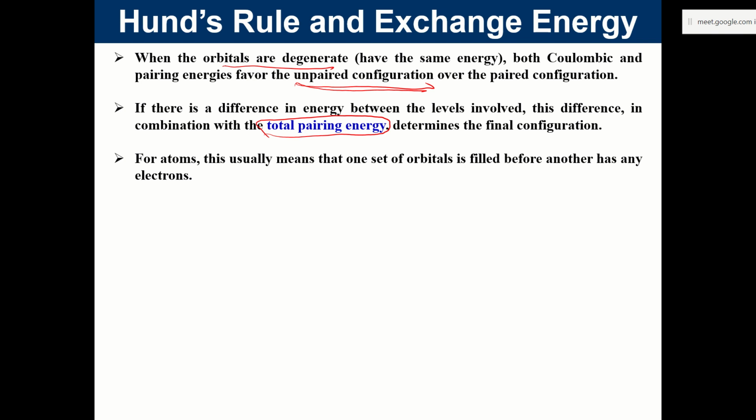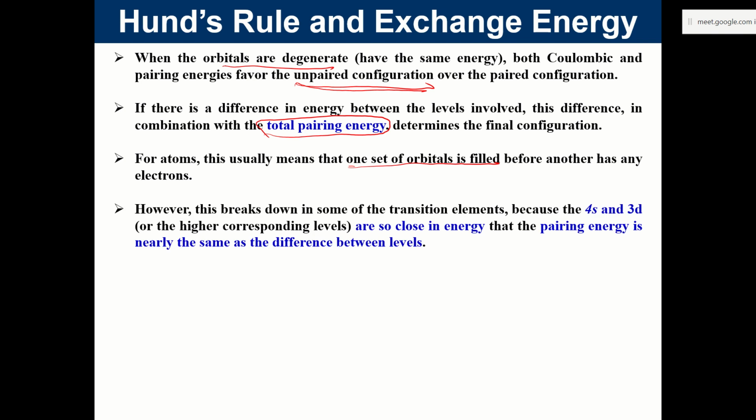So इसी को आप जब finally draw करते हैं, you try to see as you move through the periodic table and fill up the electrons, you will naturally find that this tendency will be there, and one set of electrons is filled. Okay, so first the lower energy is filled first, then sometimes this breakdown can happen when the energy levels of two different sets are very close to each other, 4s and 3d.